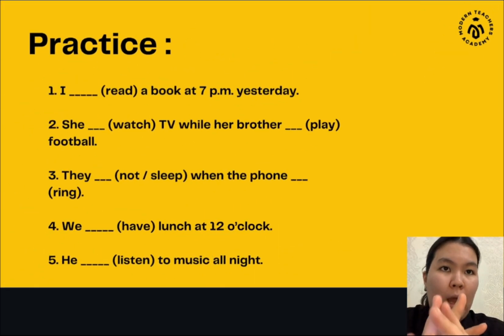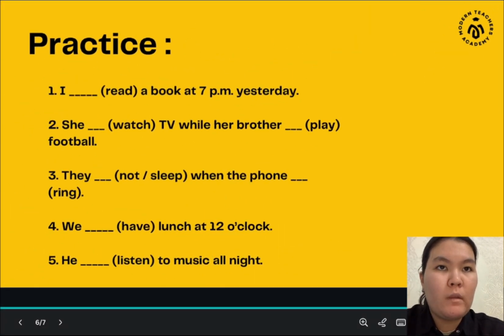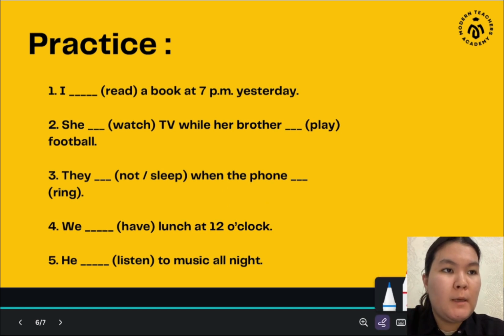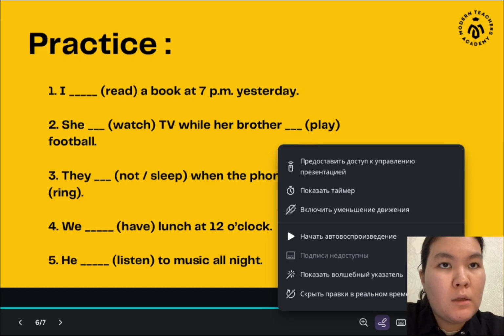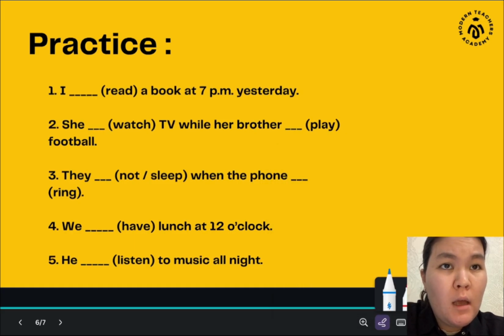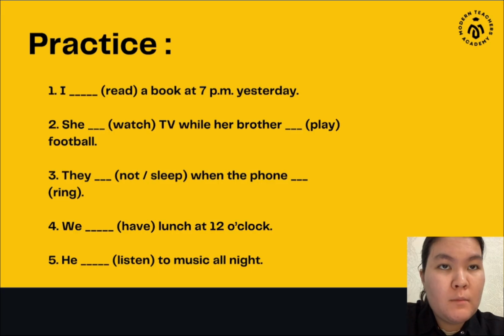So let's practice. In the first sentence, the sentence starts with I. It means that we use was, as we said in the previous pictures.